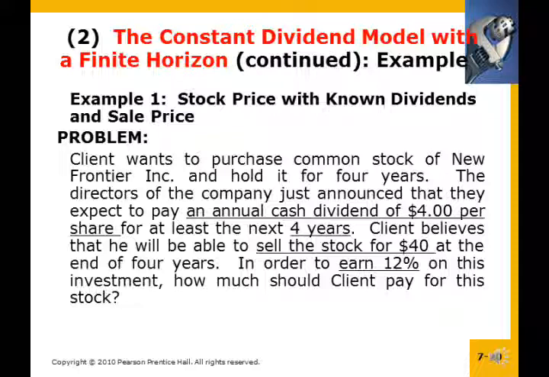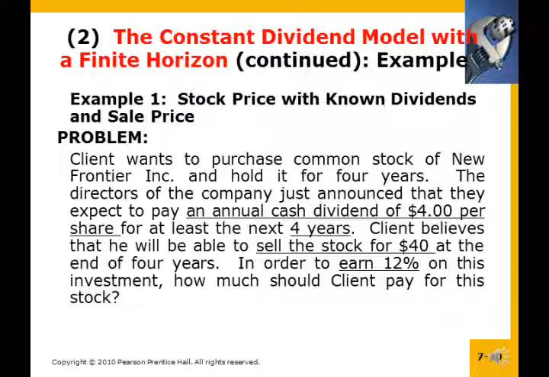Again, you have to read carefully the information given in any problem related to stock to decide which model you will apply. So read carefully. Here you have $4 per share, which is the dividend. Is it constant? Yes, it's constant. You are not given any growth rate, so it's constant. Do you have a maturity date?